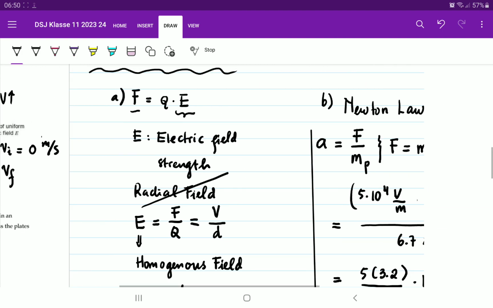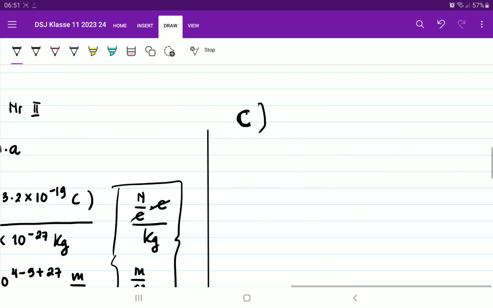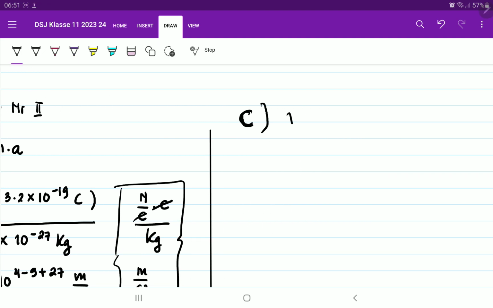Now, we know that the final velocity or final speed of an object is equal to the initial speed plus acceleration, in this case all in y direction, times the time needed.